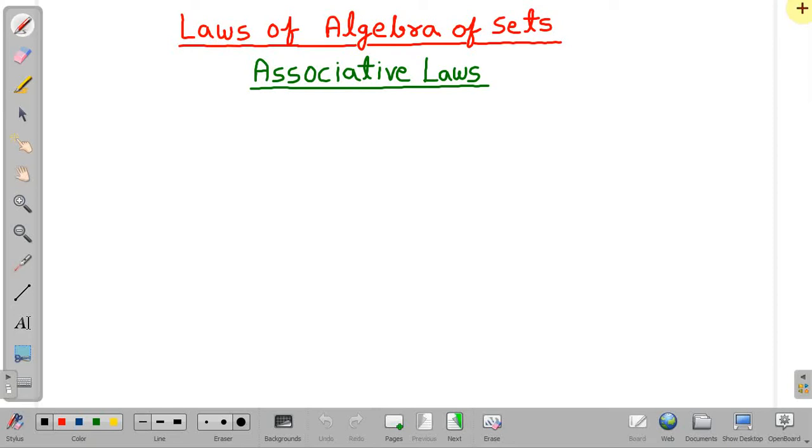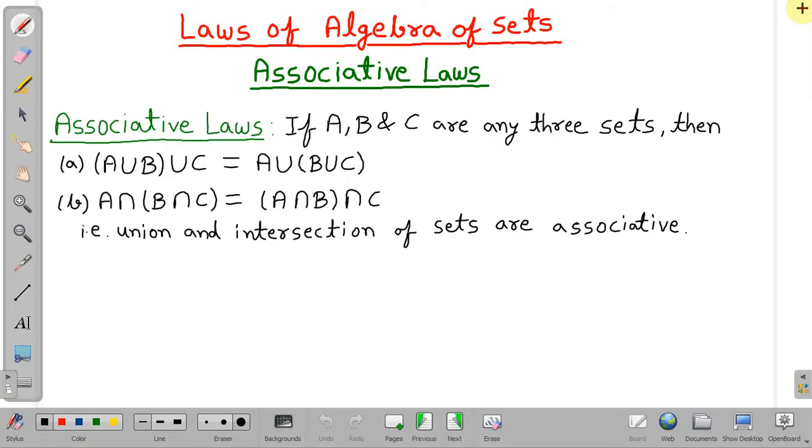In this lecture, we will discuss associative laws, which are a part of the laws of algebra of sets. So we will discuss what associative laws are and try to prove them. Okay, so what are associative laws? Suppose A, B, and C are three given sets.